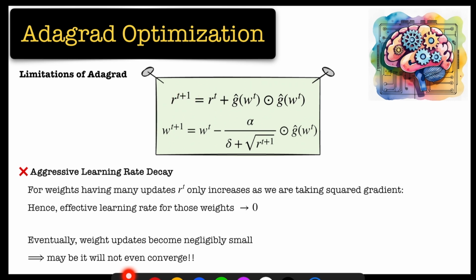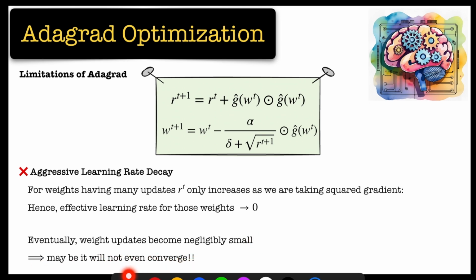This RT plus 1 will increase a lot, so this term will decrease a lot. It will tend to 0 almost, right? So the effective learning rate for those weights will become 0 or close to 0. In that case, eventually weight updates become negligibly small. So maybe it will not even converge.